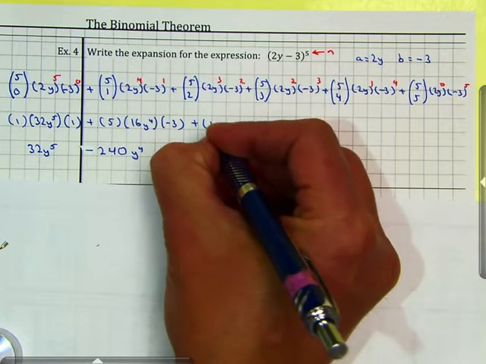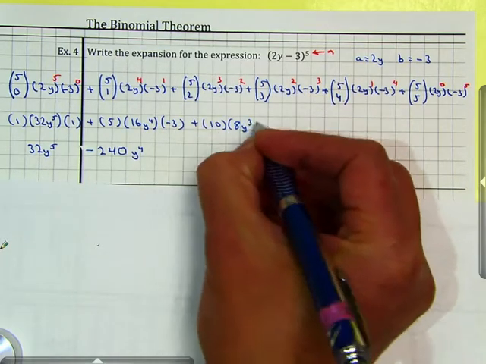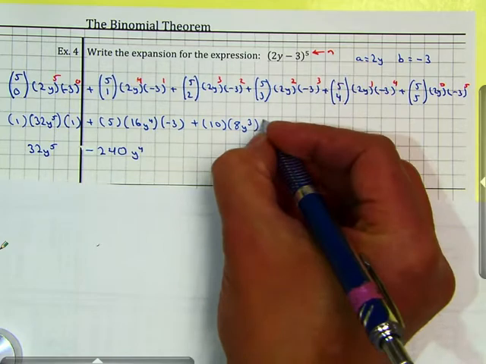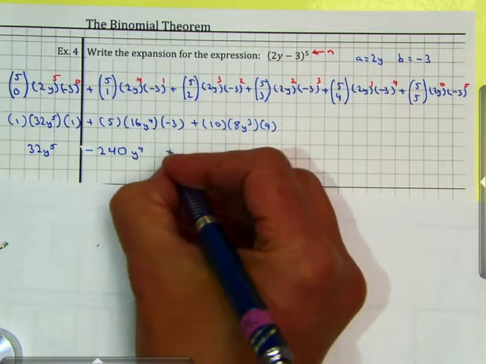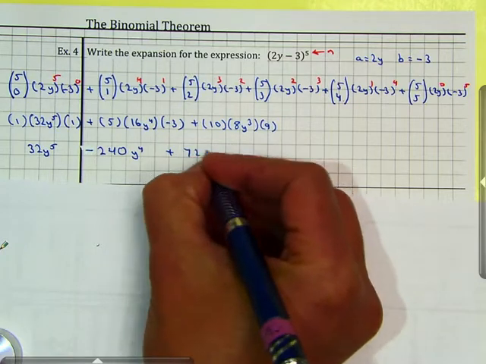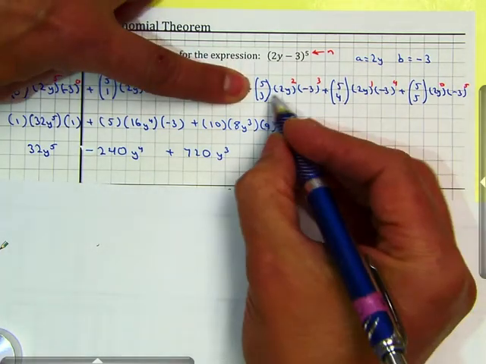So plus 10. 2y to the third will give me 8y to the third. Negative 3 squared will be 9. So it gives me positive 720y to the third.